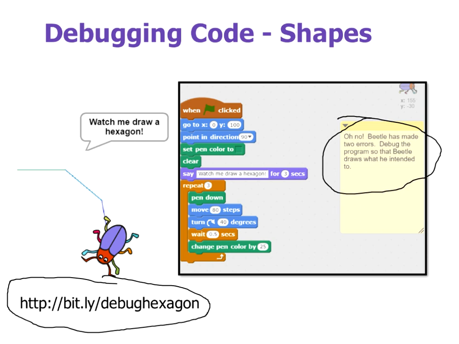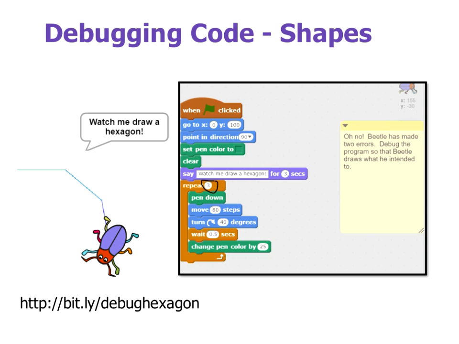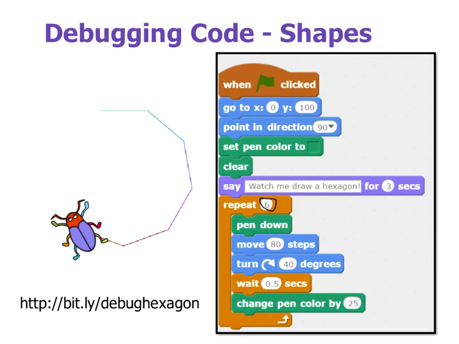Here we've got a repeat of 3, so it's only drawing 3 sides of the hexagon, and there's another problem as well. But let's fix the first problem. We're going to change the 3 to a 6. Now we've got something that looks more like a nonagon, something like 9 sides.